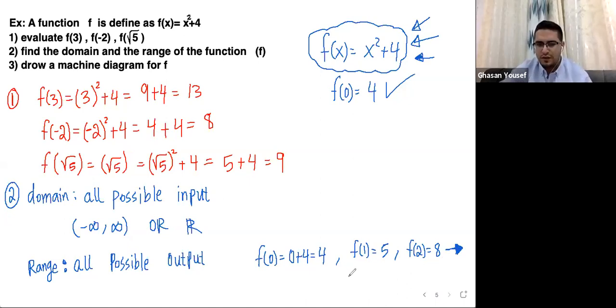and large. Okay, what if I plug in a negative number now, like f of -1? What is the answer? -1 squared is 1, and 1 plus 4 is 5.